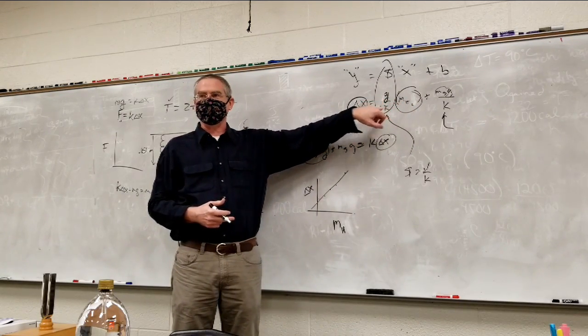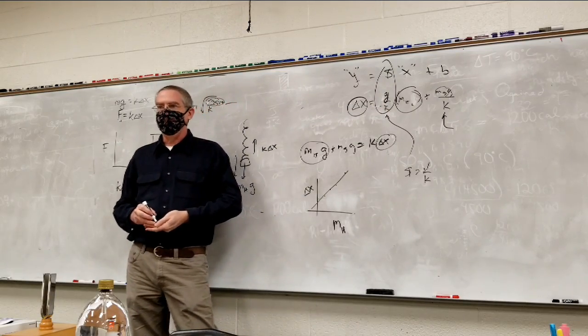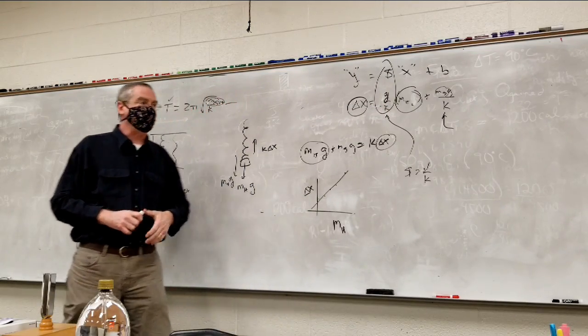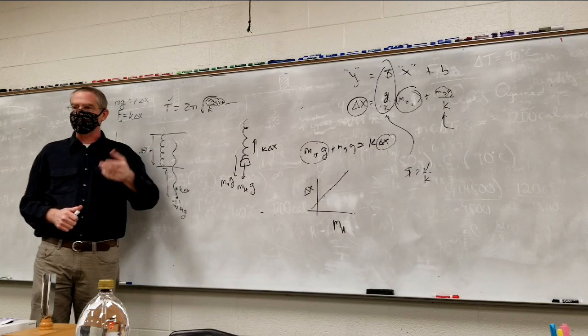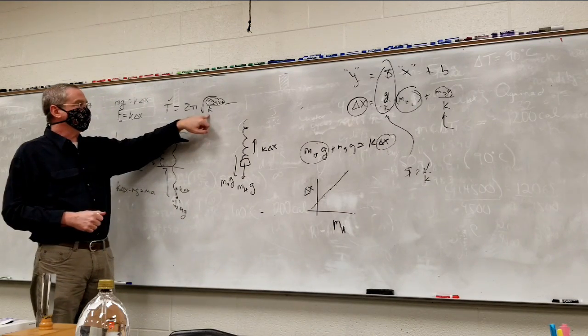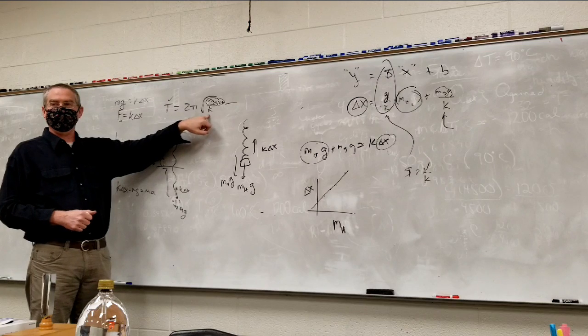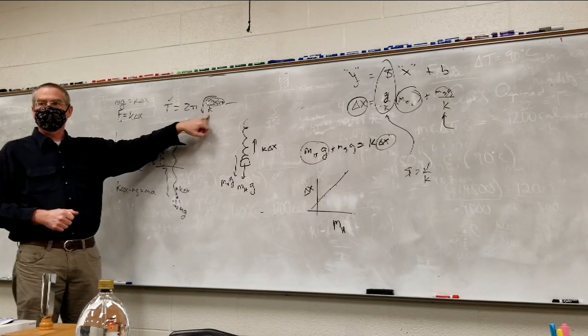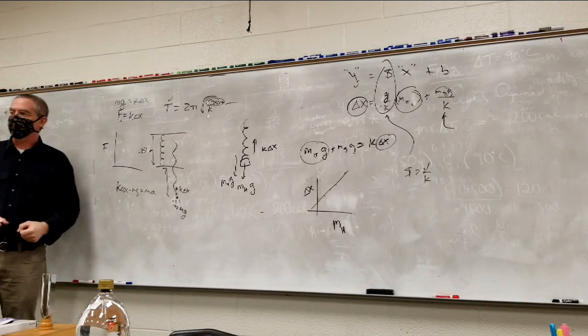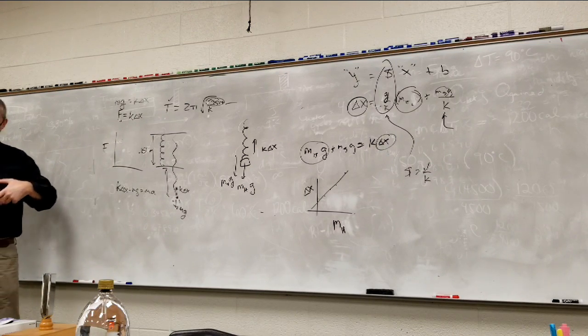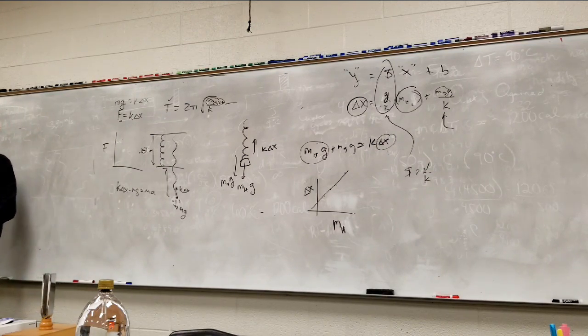So the slope is g over k. Then from that we can find K. Yes. And once you have k, you assume you've done it correctly, you can plug that into part B. The period when you have not added anything additional to the slinky, that'll get you effective mass.